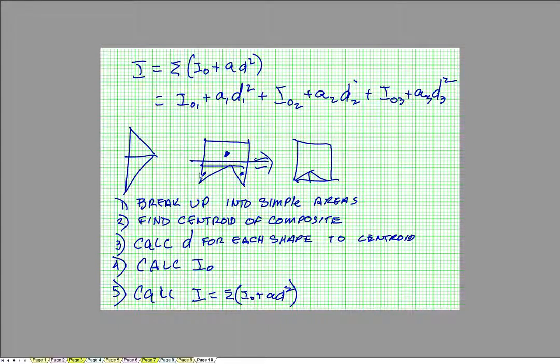But the centroid is going to be somewhere in there. So we need to have it. We need to find the moment of inertia about this shape, and then calculate its distance. Find the moment of inertia for that shape, calculate that distance, and find the moment of inertia and distance for the other shape. So the distances are what we need to calculate for the composite, and then all the individual shapes.